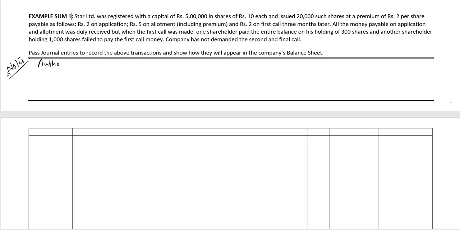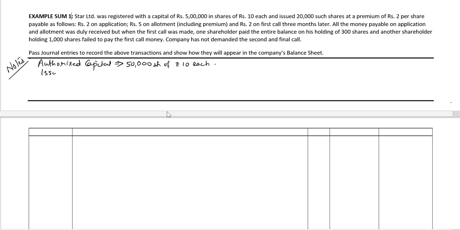We have authorized capital, 50,000 shares of rupees 10 each.